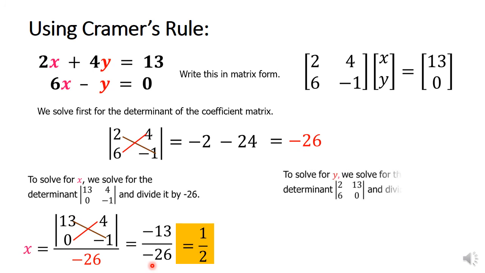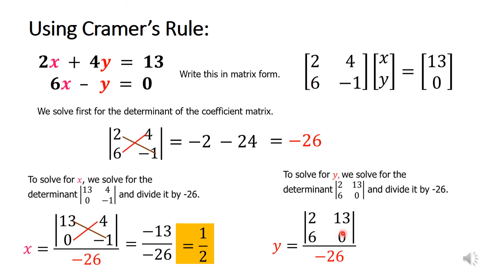Now let's solve for y. This time we're going to replace the y column, that's the variable we're solving for, by the constants. Again, the constants replace the column of the variable we're solving for. So we have 2, 6, and then 13, 0.